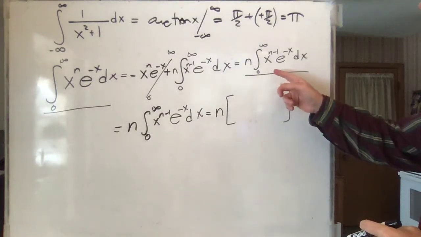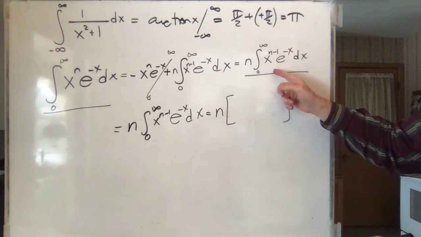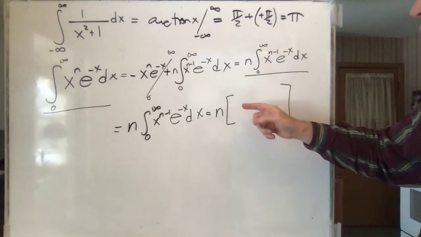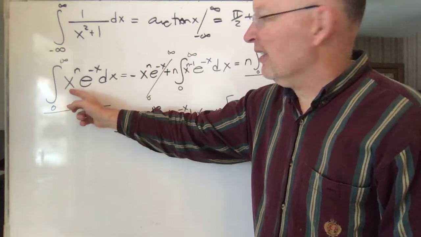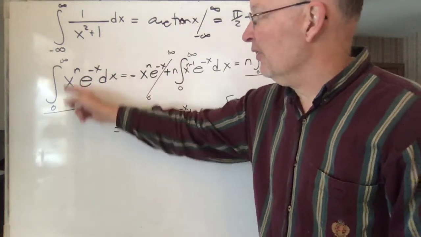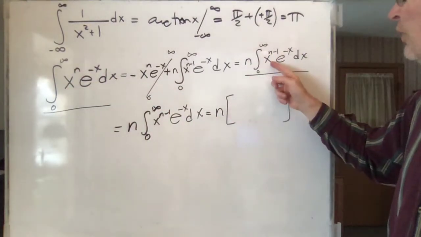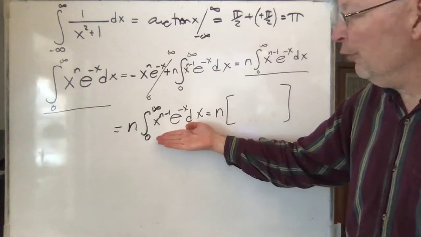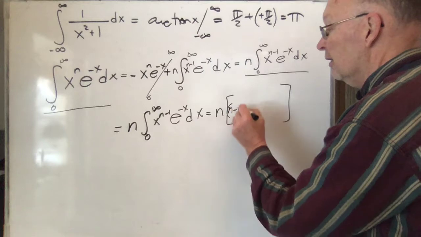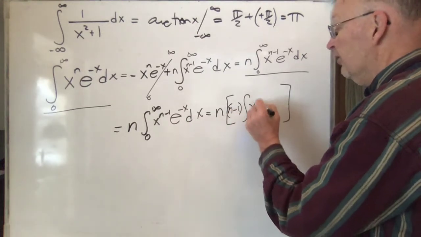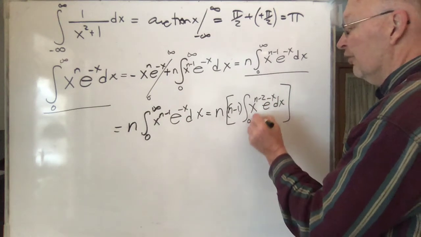This part goes away, and I just get this. So what's this equal to? What does this formula say? This formula says if I have x to some power times e to the negative x dx from 0 to infinity, all I do is I bring this power out and I reduce it by 1. So that also holds true for this. I can bring this power out, n minus 1, and I reduce it by 1, x to the n minus 2 e to the negative x dx from 0 to infinity.